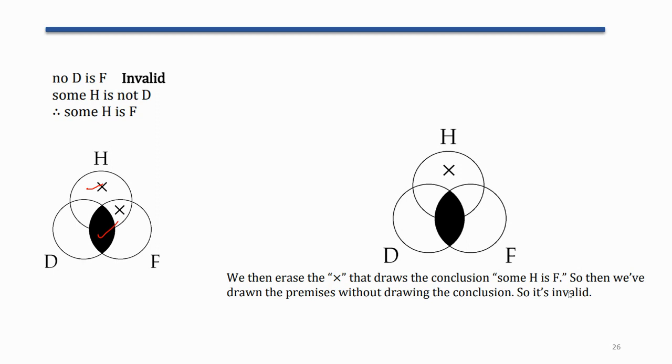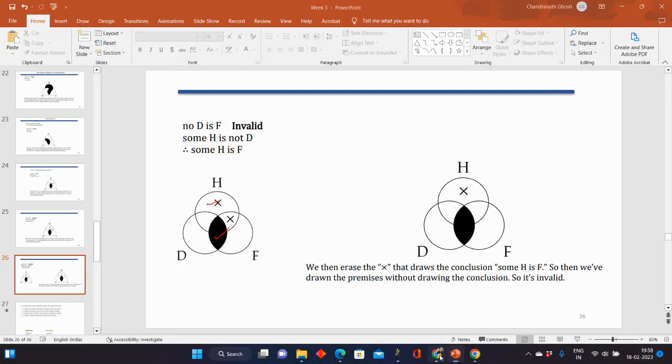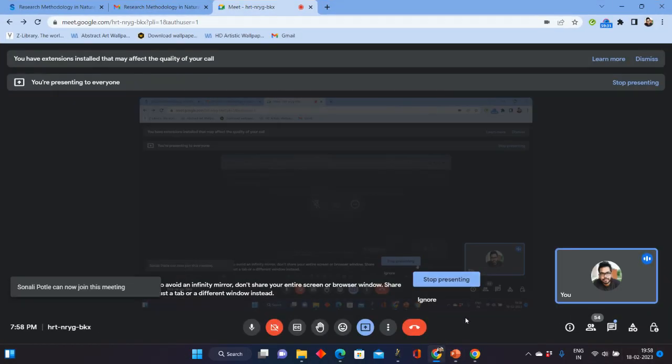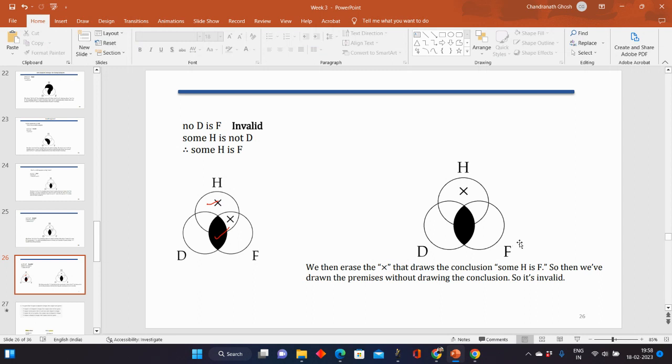Right. So in this way, if we use these Venn diagrams, we can come to different conclusions, using these tools we can easily come to a conclusion that will be valid or invalid. That is a separate thing, but using these things we can come to some conclusion.